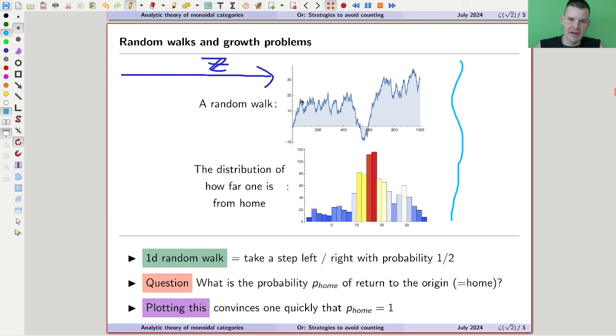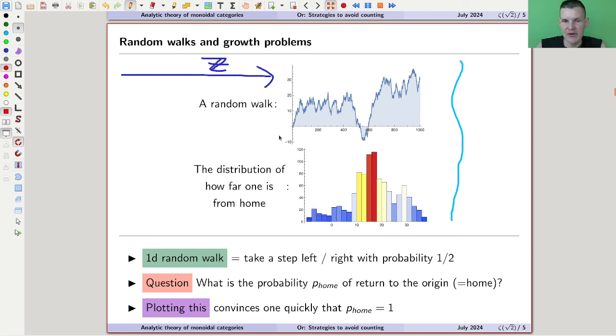So this is how far you are away. You're at step 20 or something, and you're at step minus something. And this is kind of the distribution of how far you are away. You can see at one point we are quite far away, but not that far, roughly around 12 here. Sometimes we are here, sometimes we're not. But if you do this, what is the probability of return to the origin, of coming home? You can see that in the graph, and everyone here has probably seen that at one point.